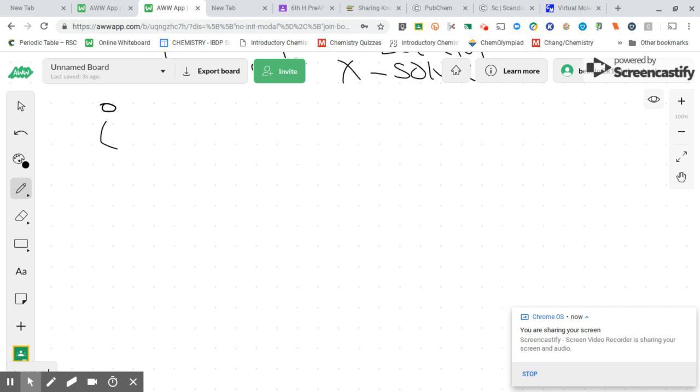Why is that? Because sugar will not ionize, it will not produce more than one particle. So in the case of sugar, which is a covalent compound, i will be equal to 1.